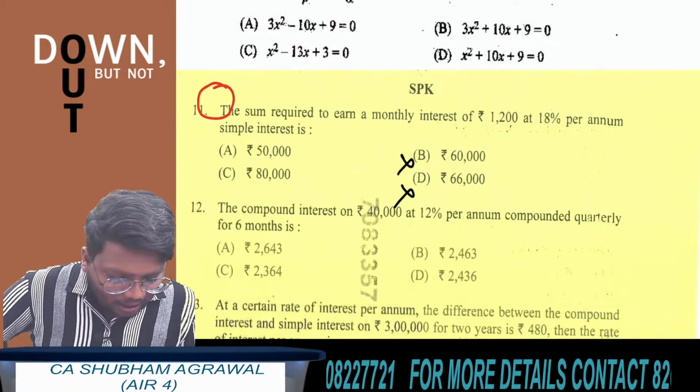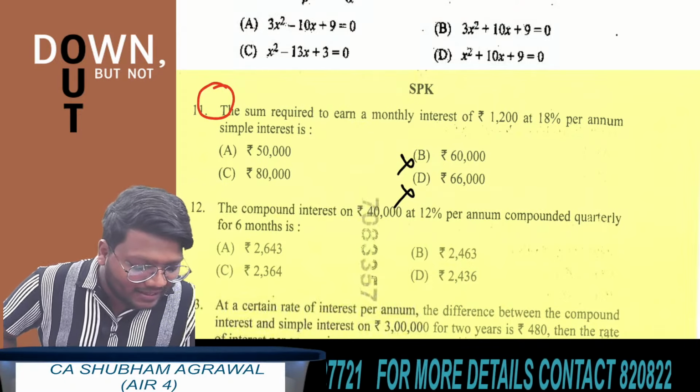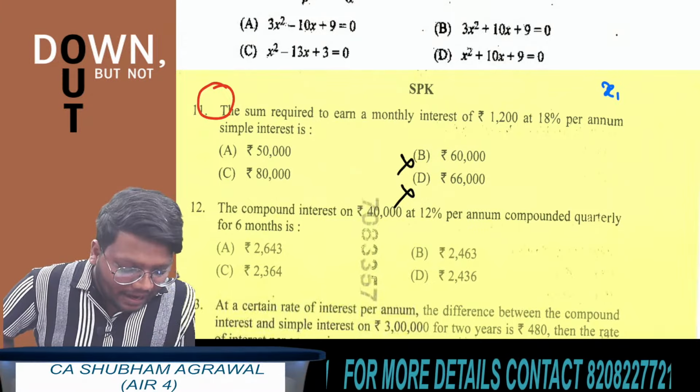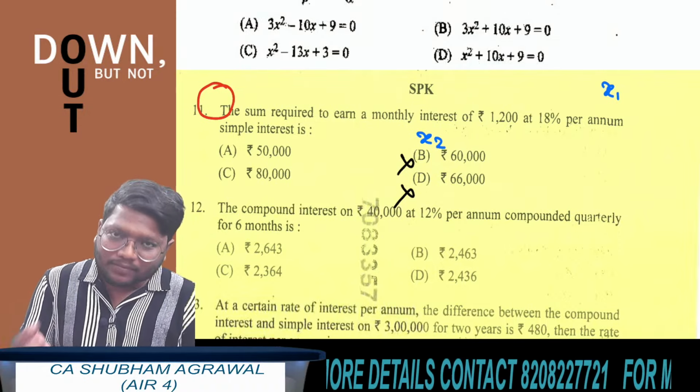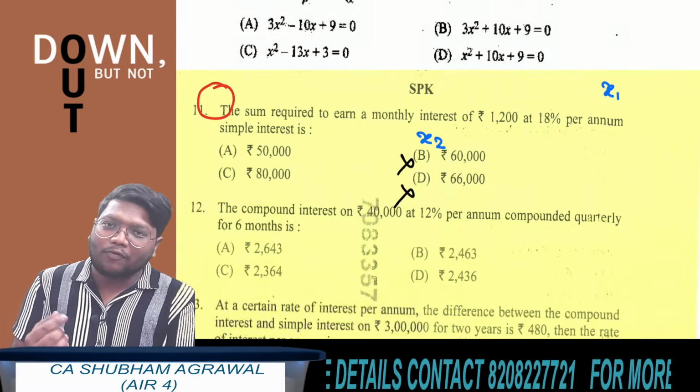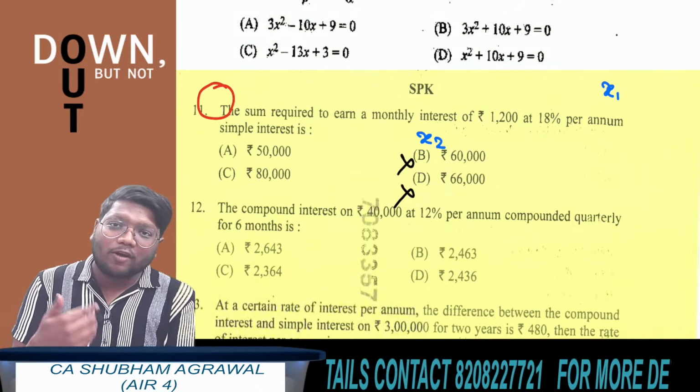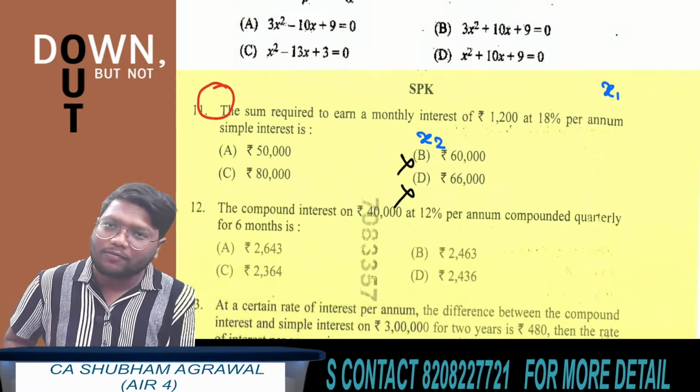Let's say a manufacturer is making x1 units of product A and x2 units of product B. By selling 1 unit of product A, the manufacturer is getting a profit of 8 rupees, and by selling 1 unit of product B, a profit of 13 rupees.